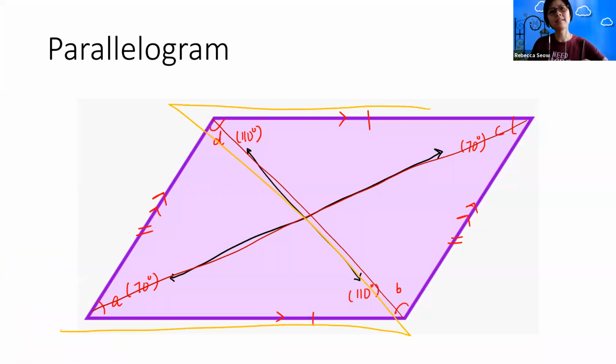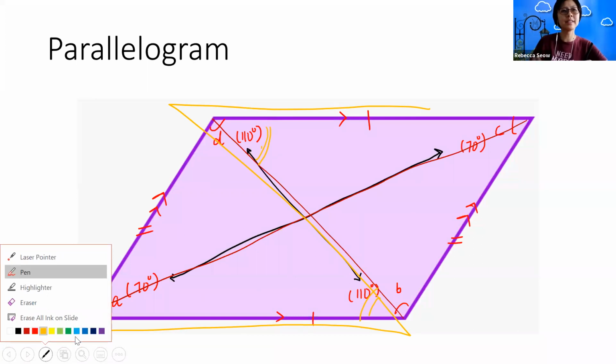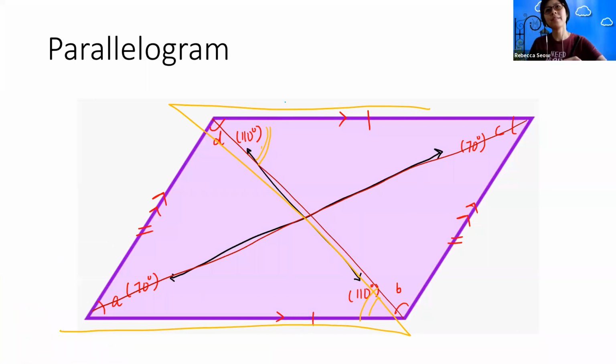Yes. Now this means that there's a presence of alternate angles. So this angle over here is the same as this angle over here. Alternatively, there is an inverted Z where you can see it somewhere here.